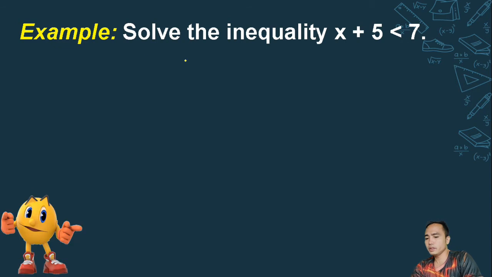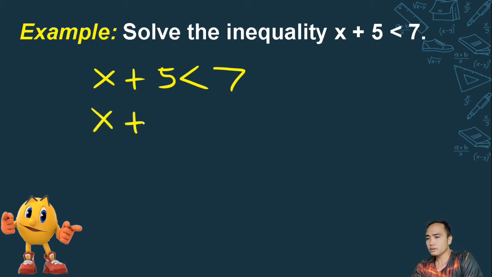First, we're going to write our inequality: x plus 5 less than 7. We're going to take away 5 on this side of our inequality. So we get the additive inverse of 5, that is negative 5. If we subtract 5 on one side, we also subtract 5 on the other side.